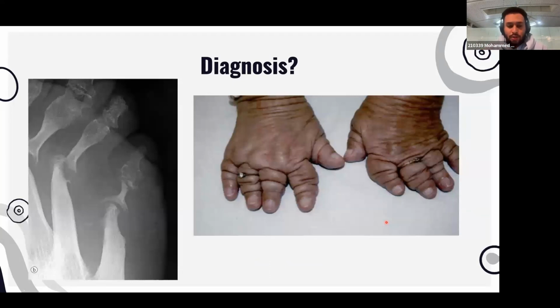Now, can someone tell me what this is? Psoriatic arthritis. Perfect. Psoriasis. For the derma part of psoriasis, I'll get to that later. Don't worry, I'll have slides for this.